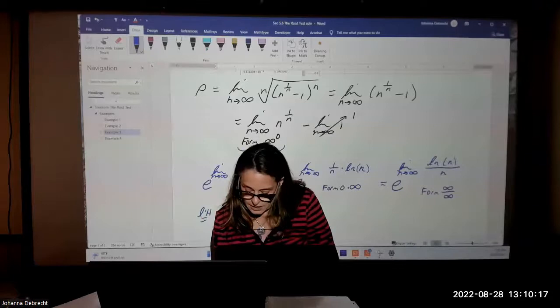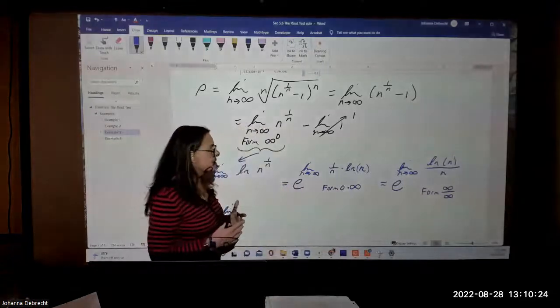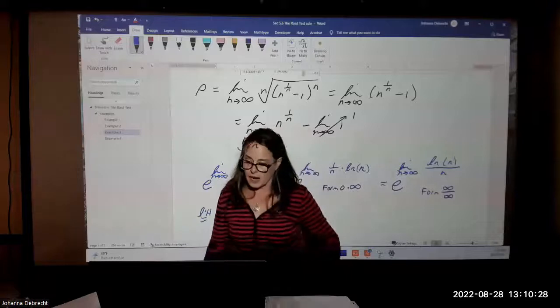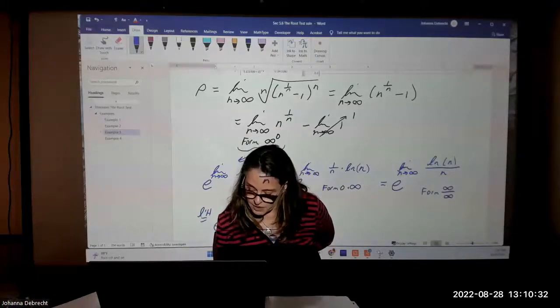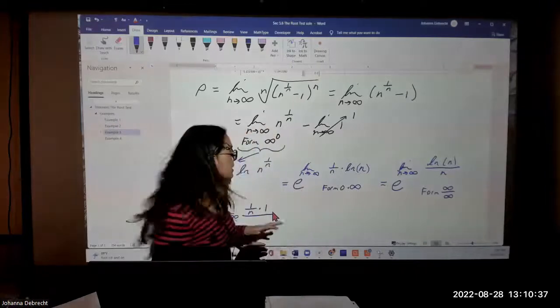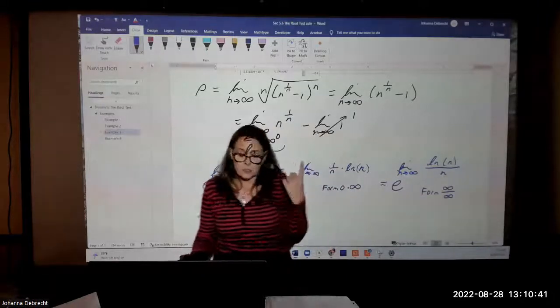So I have e, I still have the limit as n goes to infinity. I take the ratio of the derivatives. The derivative of natural log is 1 over u du dx. So I get 1 over n. And then the derivative of n with respect to n is just 1. But in the denominator, all I have is the factor n, and the derivative of n is 1.